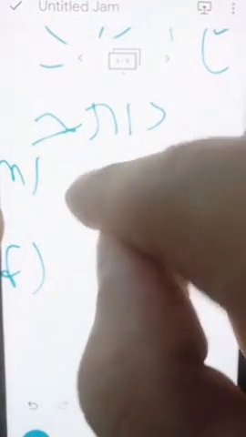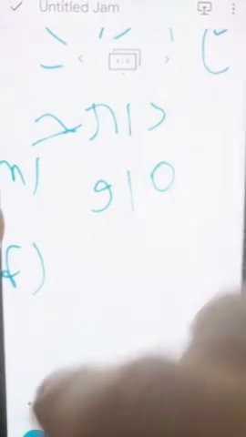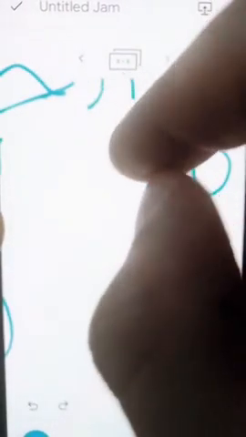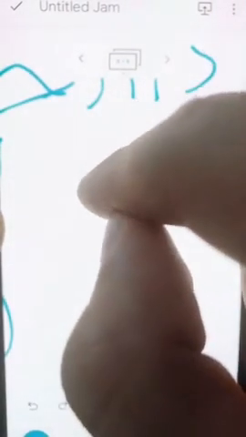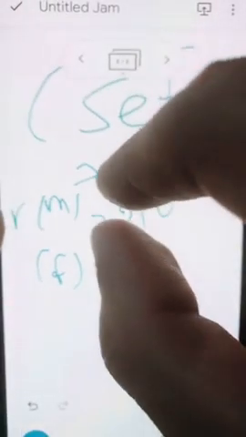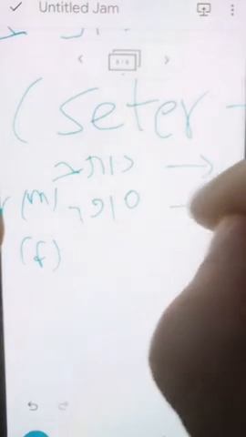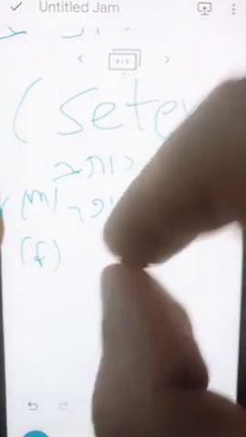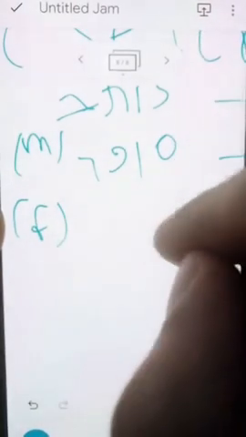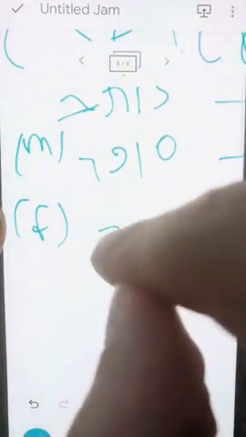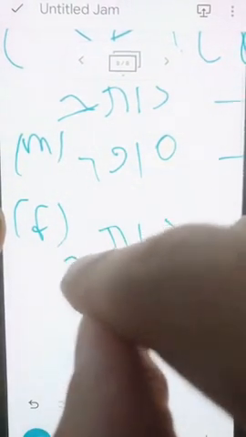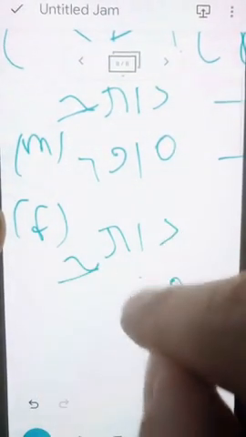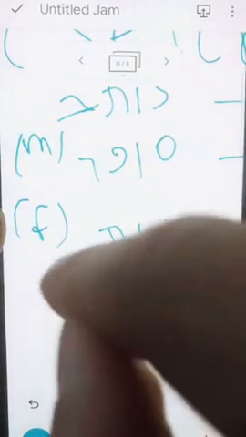Okay, not in the right place. So library. We would say maktaba.